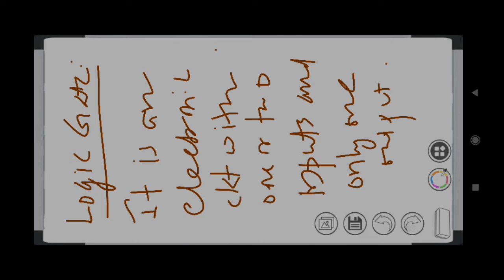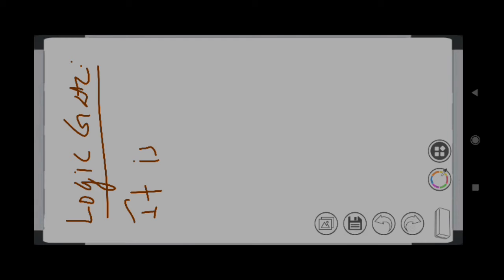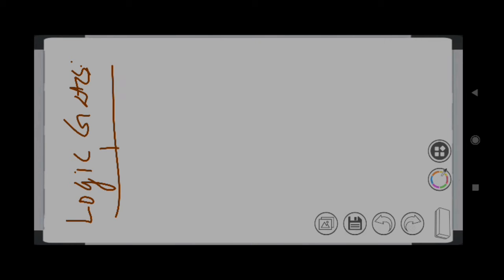Now let us see how many types of logic gates there are. There are so many logic gates. There are some primary logic gates and some secondary logic gates. We may divide these logic gates into two categories: primary logic gates and secondary logic gates.